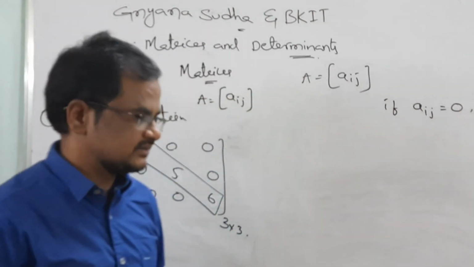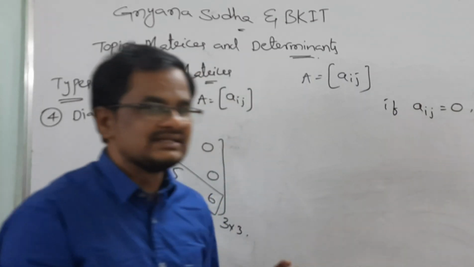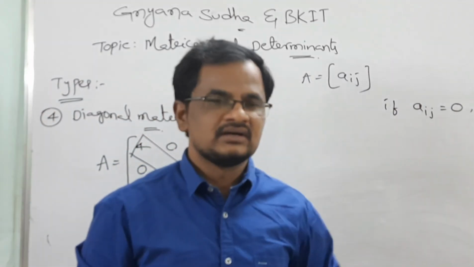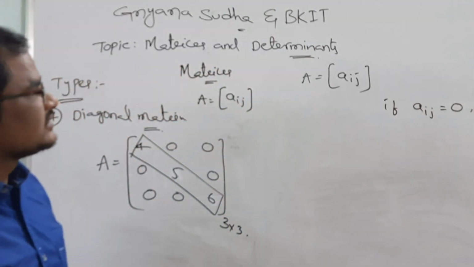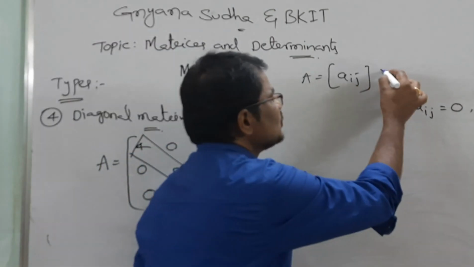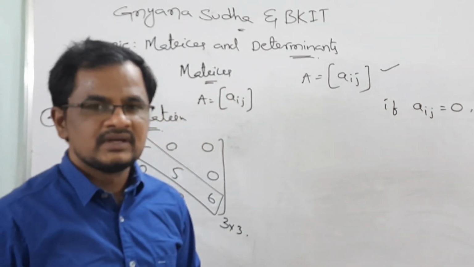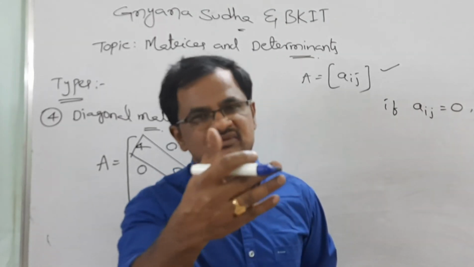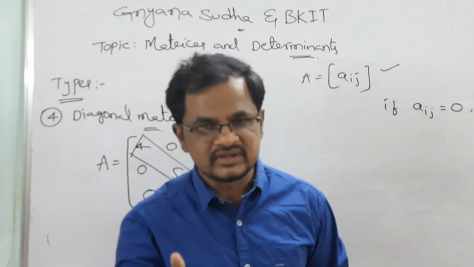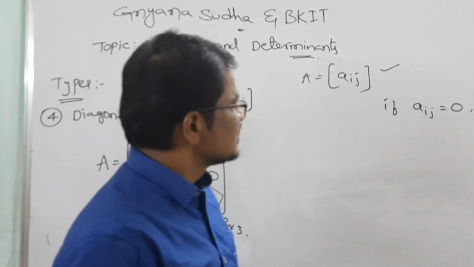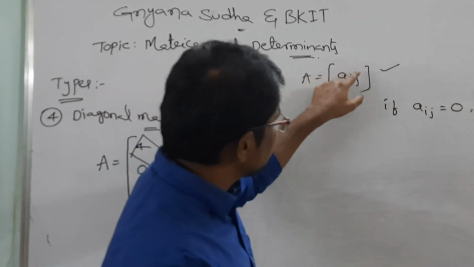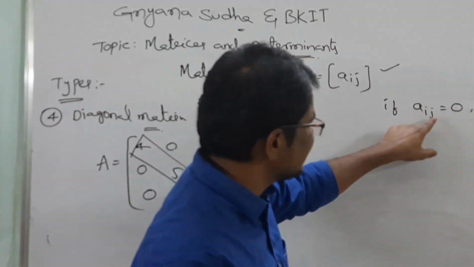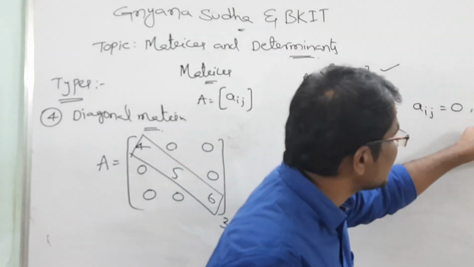This is an important one, so you have to concentrate on these definitions, because indirectly they will ask problems on them. Suppose they say A equal to Aij is a square matrix said to be a diagonal matrix, then which of the following is true or false, like that they will give. Aij is the element in the ith row and jth column, and it equals 0 when i not equal to j.